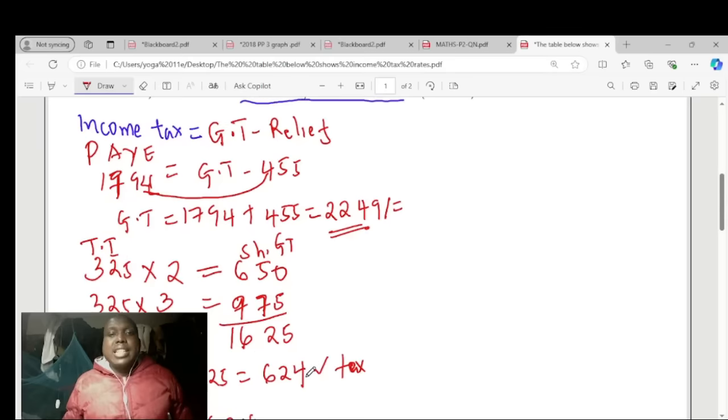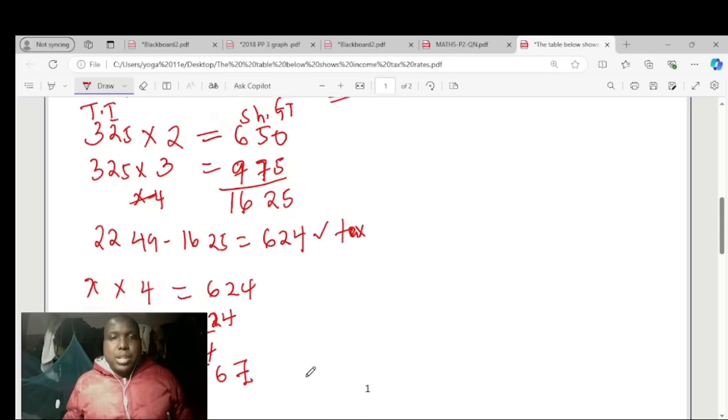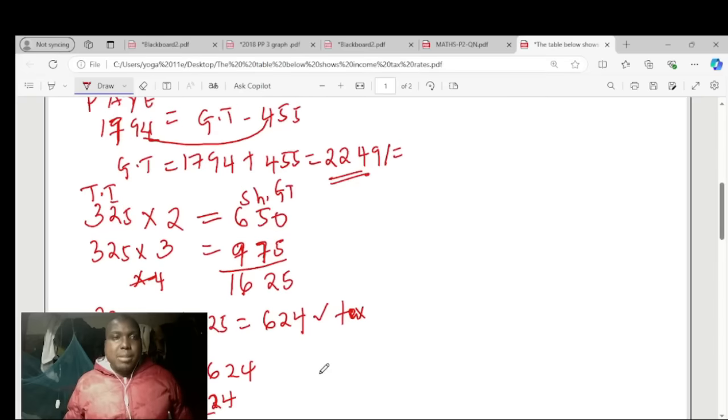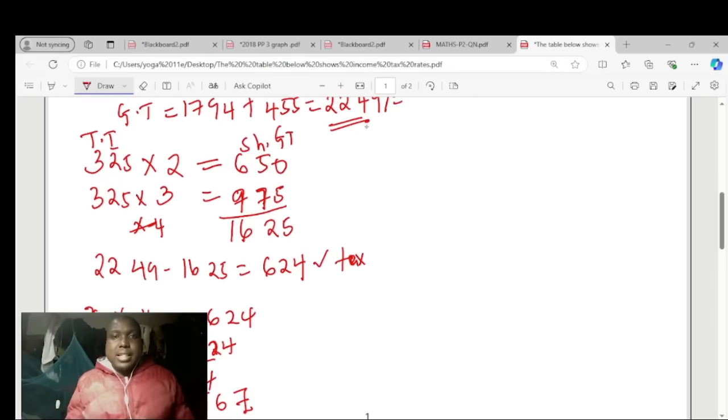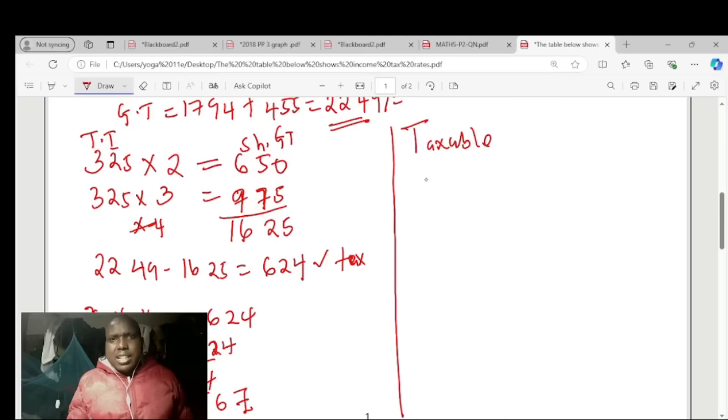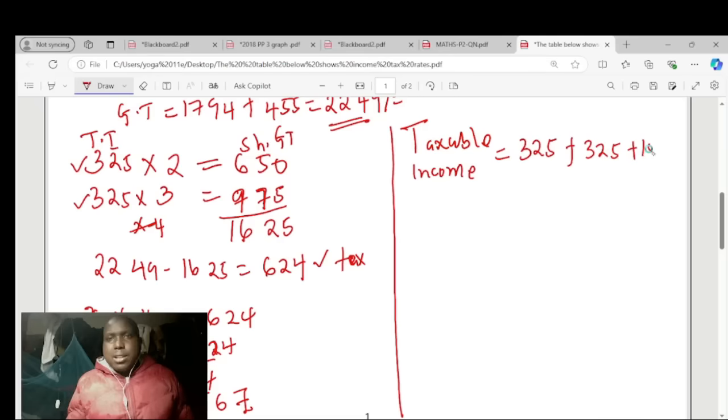Now let us get the total taxable income. Total taxable income is simple. Now we are going to add. Now taxable income is equal to 325 plus, that is this one. We add this plus our x plus 325 plus 156.